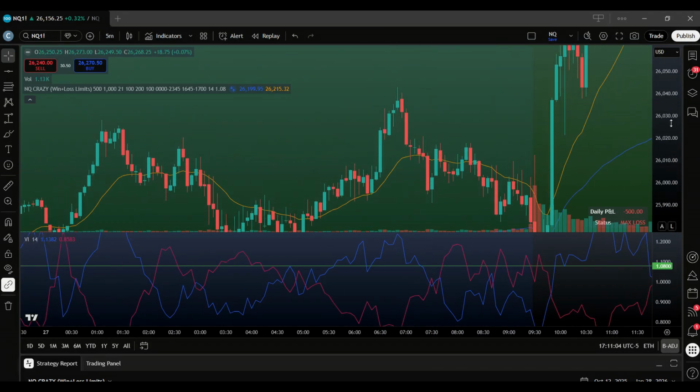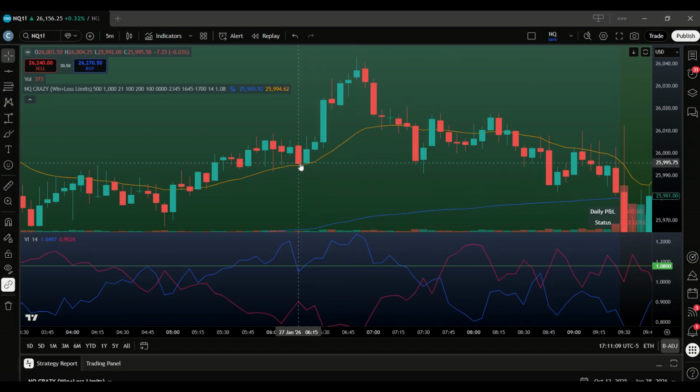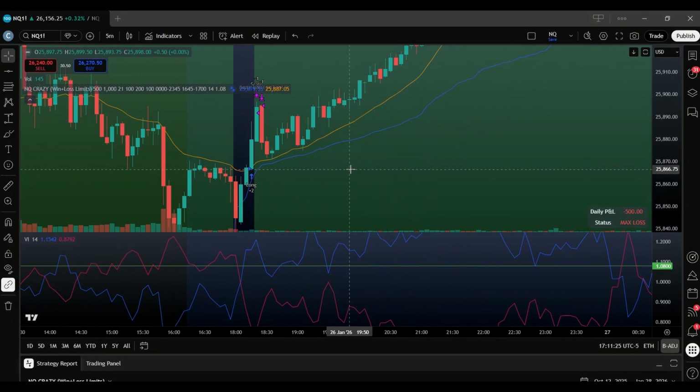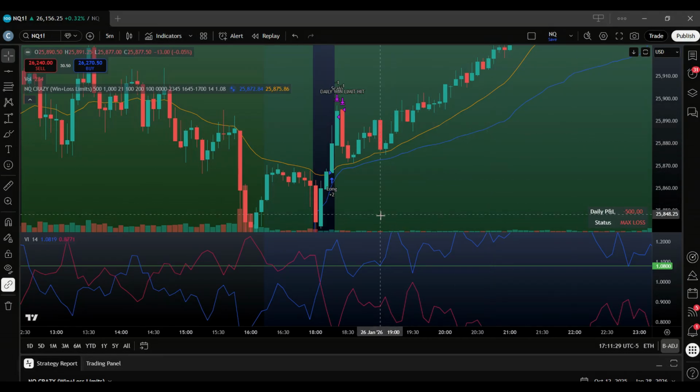So here we go. Here is, this probably would have been a good trade. It's probably missed, but here's the retest. So it comes at retest. It would have entered there, but at the time of the retest, the indicator wasn't above. What was it? Daily. No, daily win limit hit. So that probably would have entered.